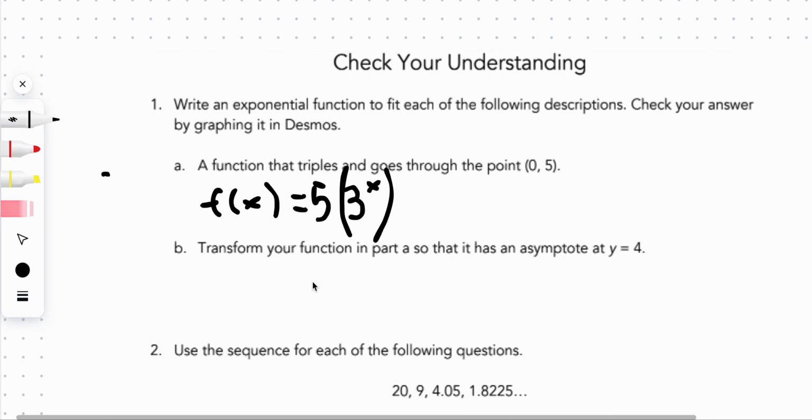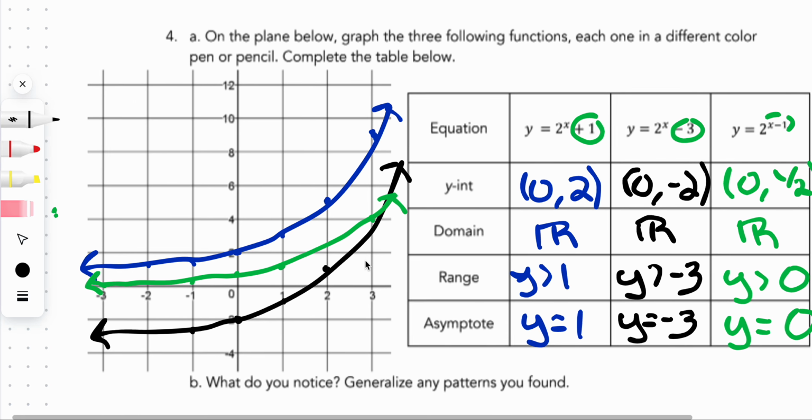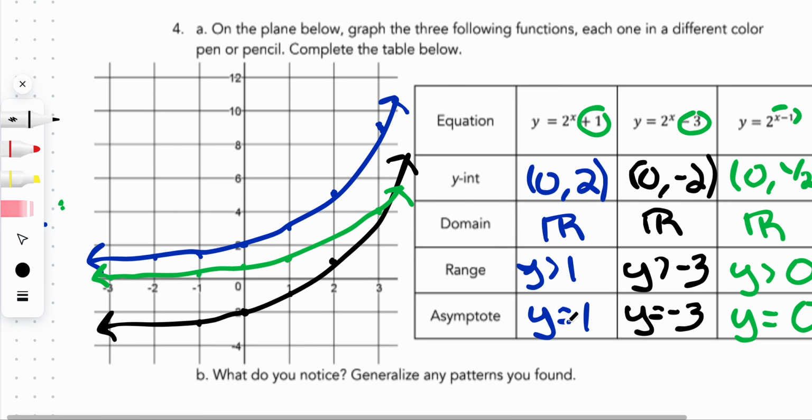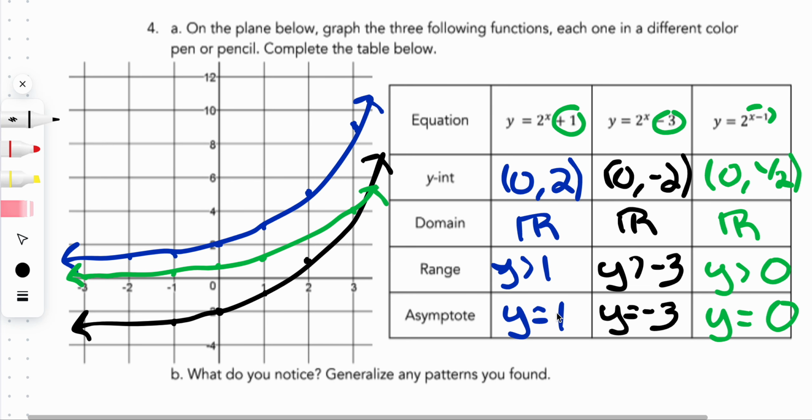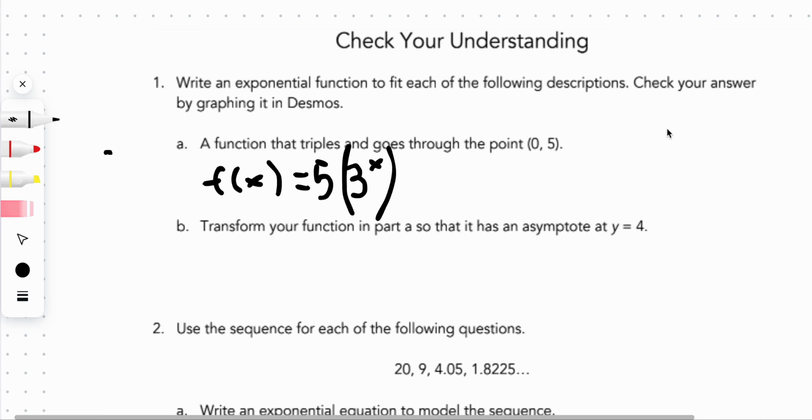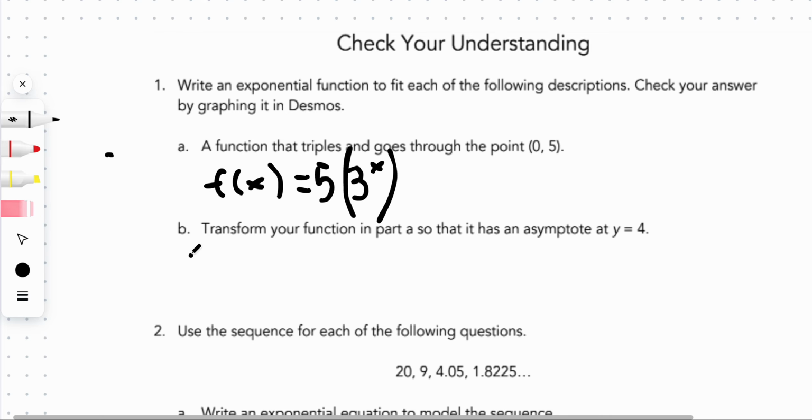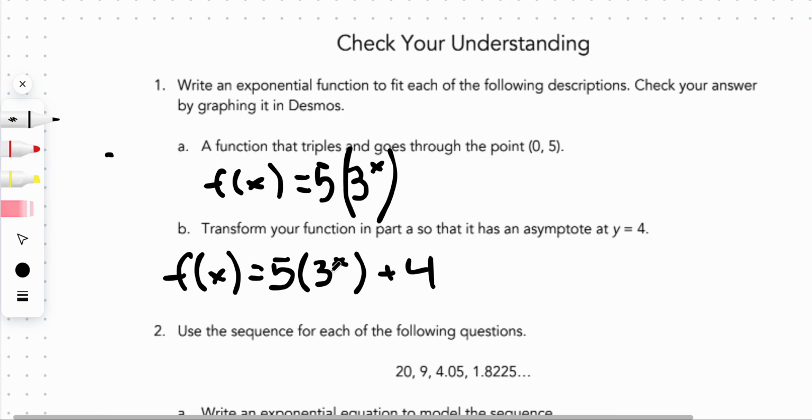Now we want an asymptote at y equals 4. If we look up here, we changed our asymptote by adding constants at the end of our equations. So let's do that. We have f of x equals 5 times 3 to the x power plus 4. Now, any point we plug in here is going to be greater than 4.